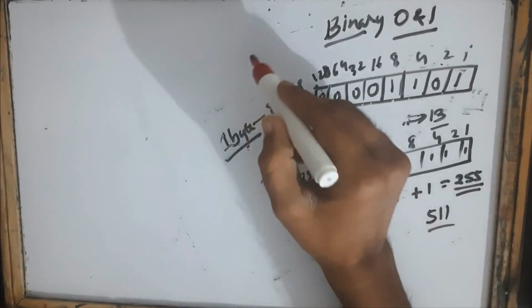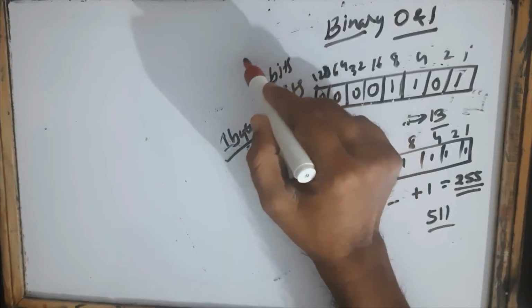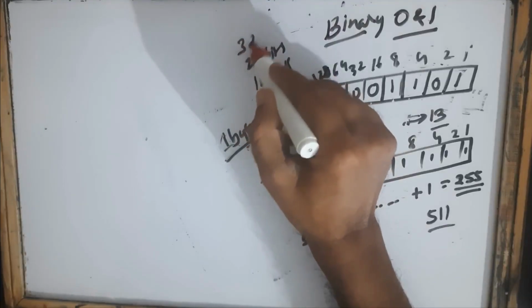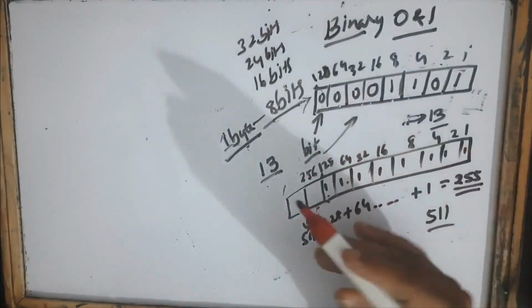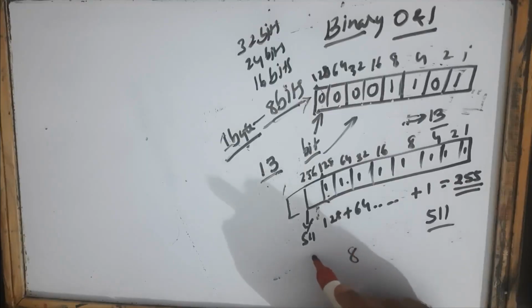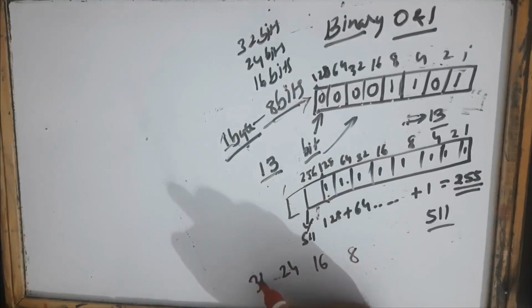So 8 bits, the next is 16 bits, 24 bits, 32 bits. Like this, in multiples of 8 bits, we can have 8 bit format, 16 bit format, 24 bit format, 32 bit format.